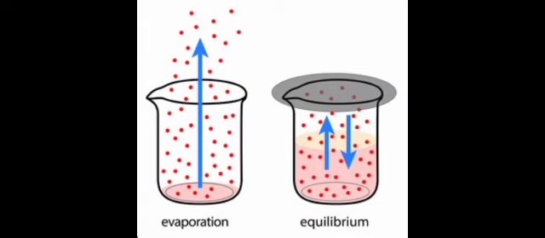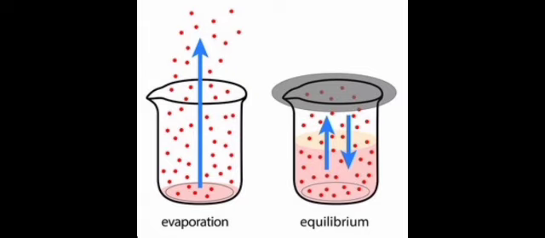Number two, the total number of moles of gaseous molecules on the left side of the equation, the reactants, must be different from the total number of moles of gaseous molecules on the right-hand side, the product side. Take note of these two factors.